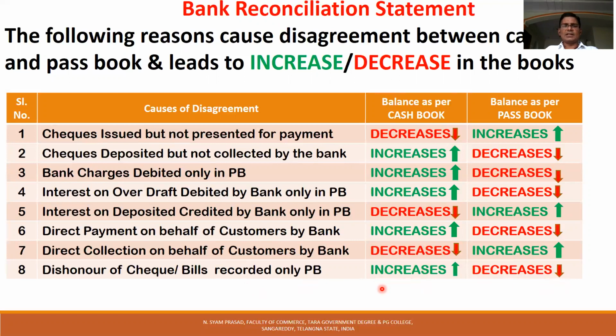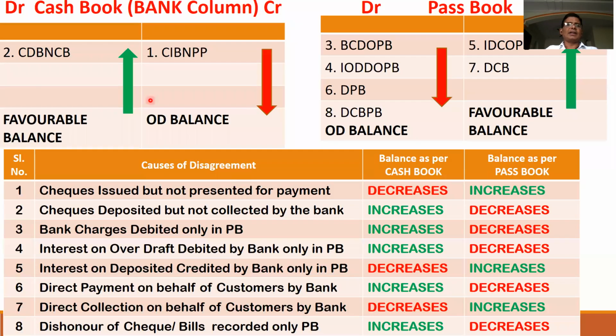This is the same thing we discussed with the cash book, and I will show an illustration. I will show a format of cash book and passbook. I will analyze this. You see, I have taken a cash book and I have taken a passbook. So first point, check issued but not presented for payment.